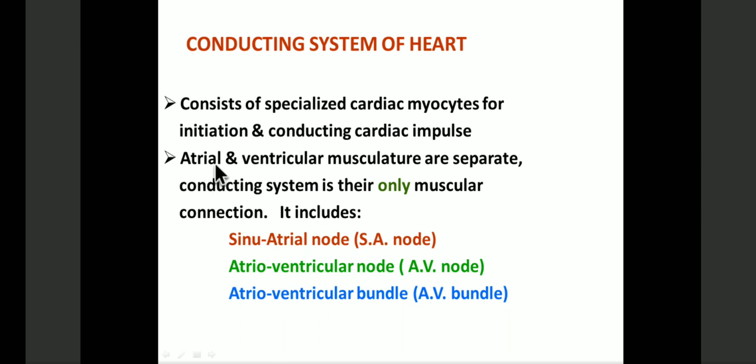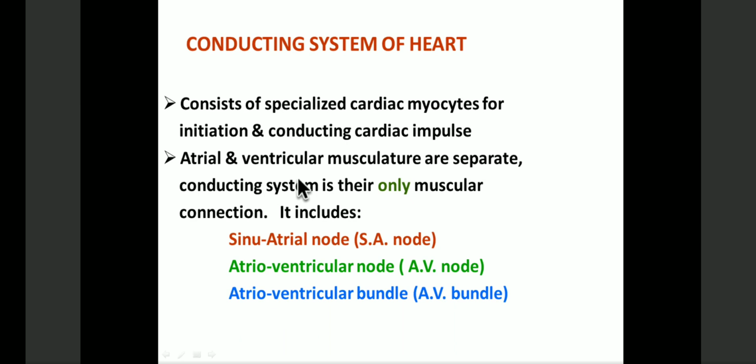As far as the atria are concerned, we have seen that their structure is different. As far as the ventricles are concerned, we have seen that their musculature is also separate. The conducting system between the atria and the ventricles is the only muscular connection.